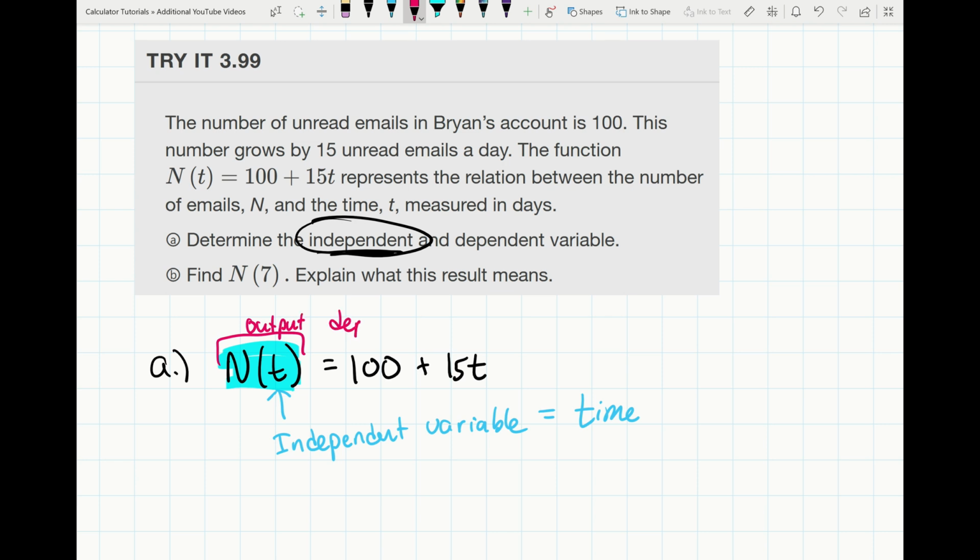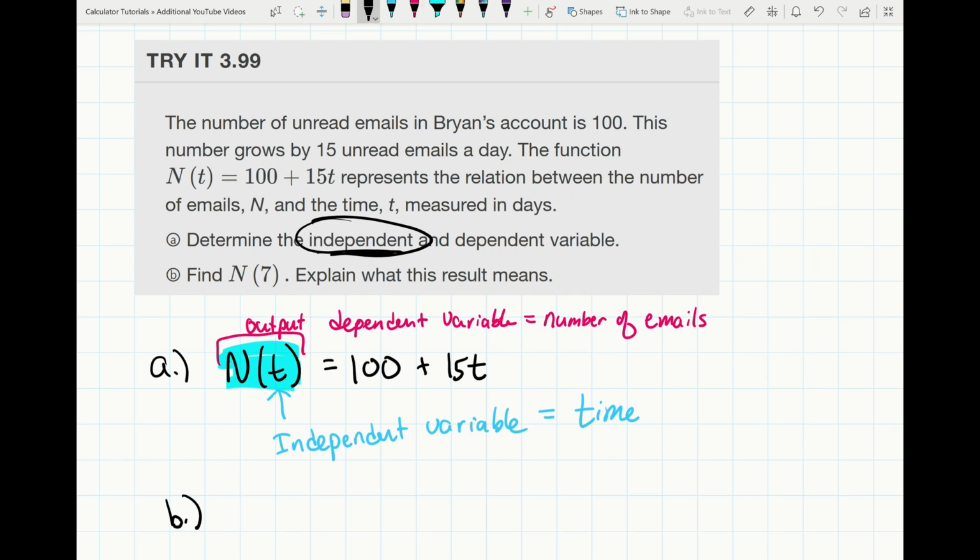And that is going to be our dependent variable. And they are identifying the dependent variable as the number of emails. So there's part A. Part A is independent variable is time. Dependent variable is the number of emails.